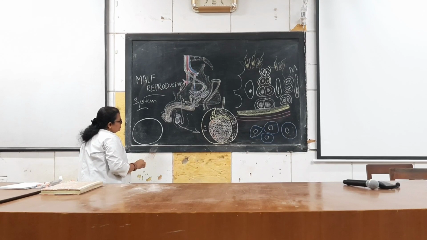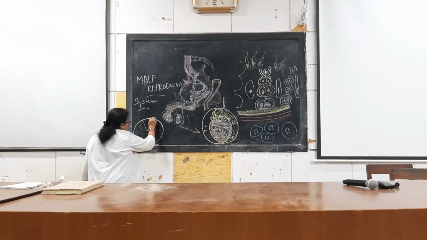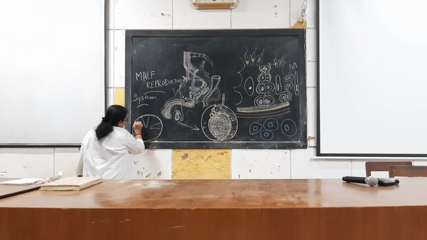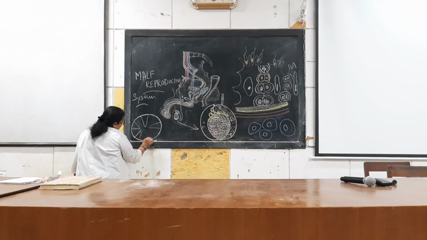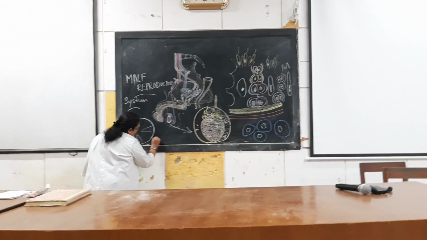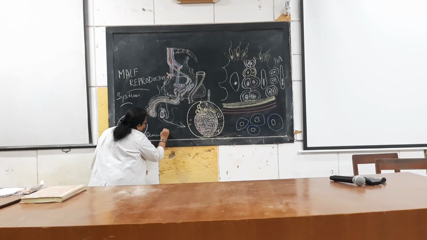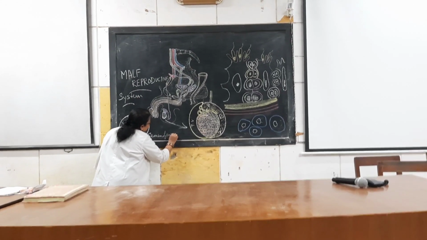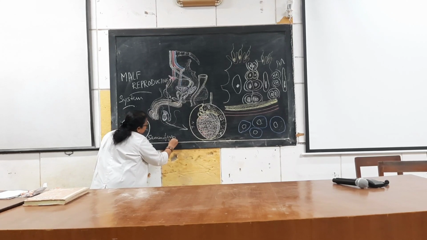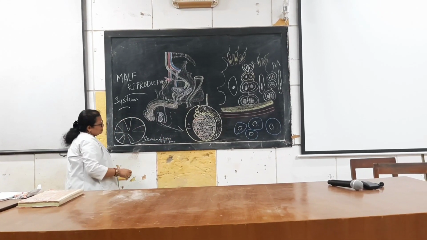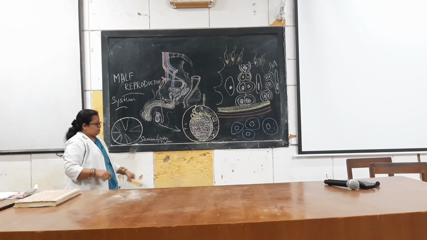One type of cell is the prominent one, which you can see, the Sertoli cell. So this is the cross section of the seminiferous tubule, which is the main constituent of the lobules of the testis.